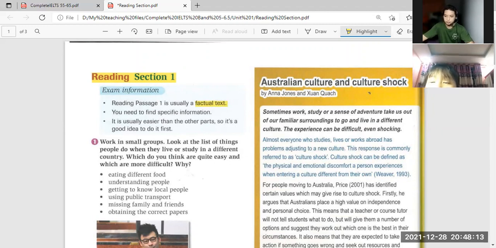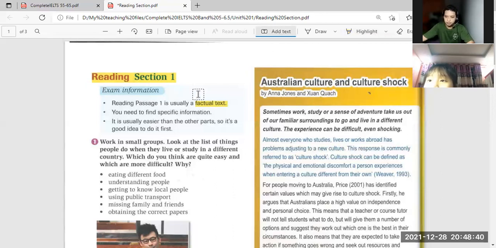No. Okay, factual text means real life text. Real life means the text about surroundings, for example, the text about family or culture or anything like that.